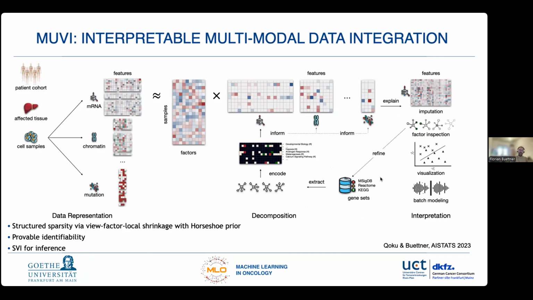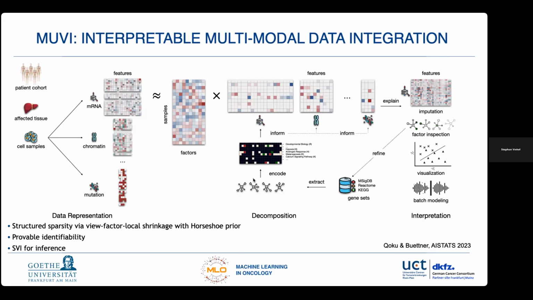We have, for example, databases of pathways where we know which genes or gene sets are associated to some kind of gene programs, maybe Reactome, KEGG, or MSigDB. And maybe we can use this prior knowledge to link the latent factors that we learn to specific pathways. And that's what we did in this MuVI model that we published a couple of years ago. It's led by Arber Qoku, a PhD student in the lab.